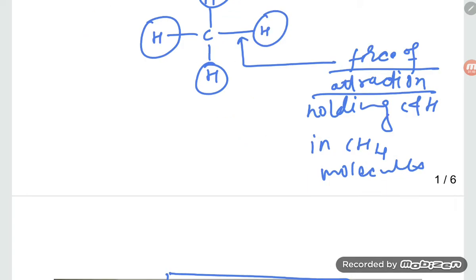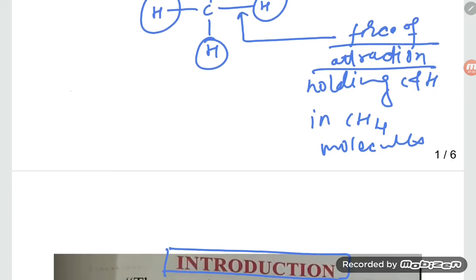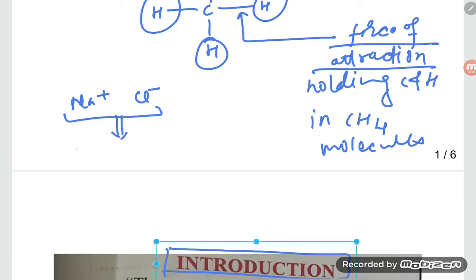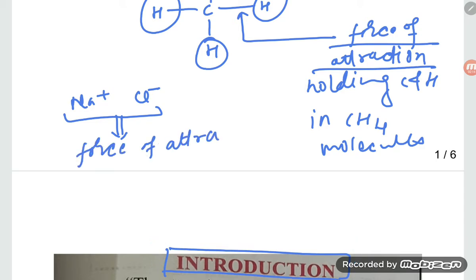Similarly, these constituent particles are the atoms, but they can be ions also. Suppose we are having Na plus and Cl minus. These two ions have a force of attraction. What kind of force of attraction, students? Electrovalent force of attraction, holding two ions in a molecule.